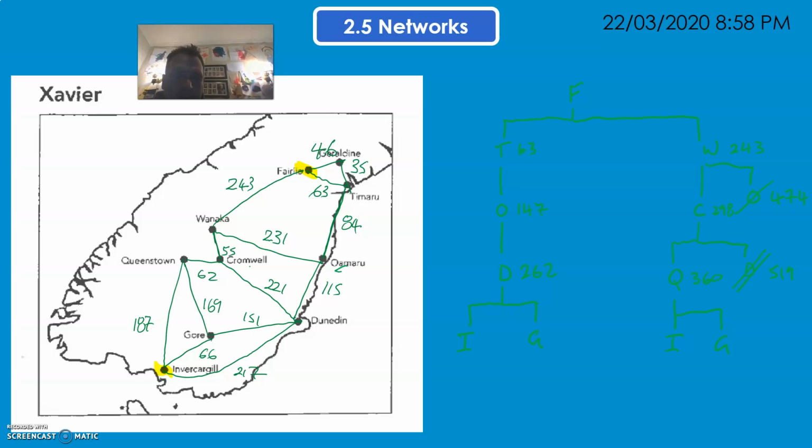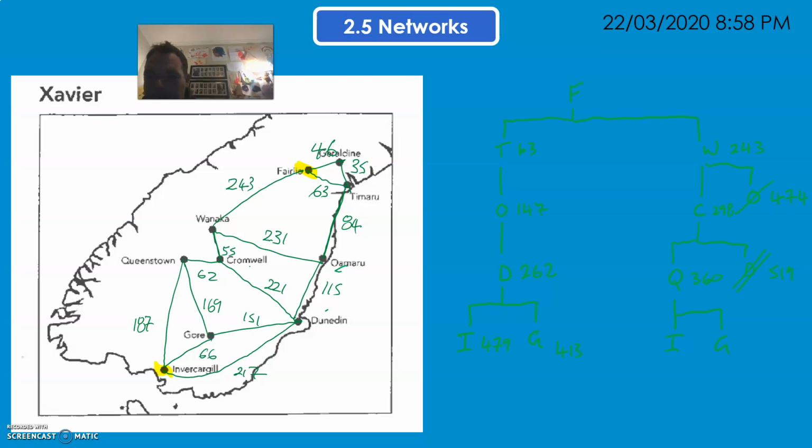So from Dunedin, if I want to go to Invercargill directly, it's 262 plus 217, which gives me 479. And if I go from Dunedin to Gore, 262 plus 151, which gives me 413.